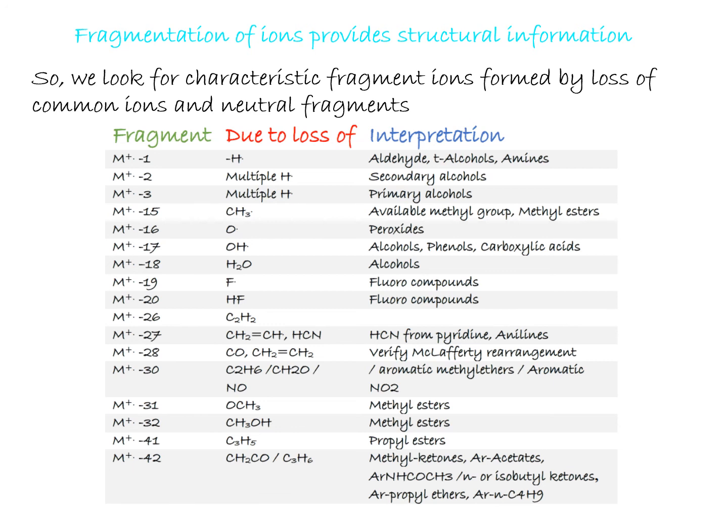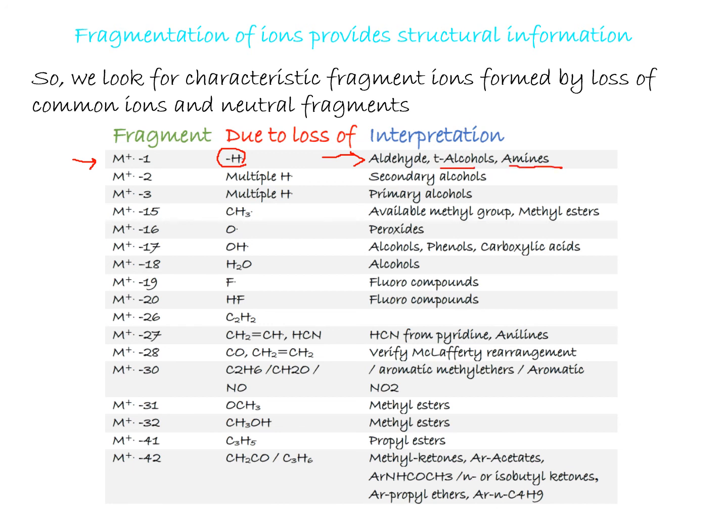We look for characteristic fragmentations formed by loss of common ions and neutral fragments. If you have M plus radical minus 1, then you eliminate an H radical, which means that most likely you have an aldehyde or tertiary alcohol or amines.